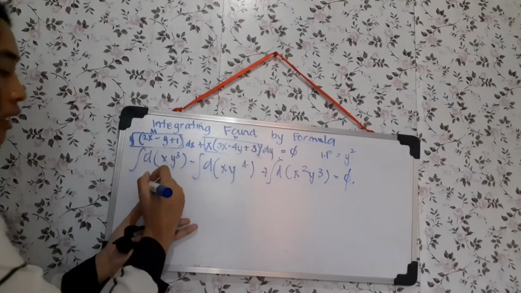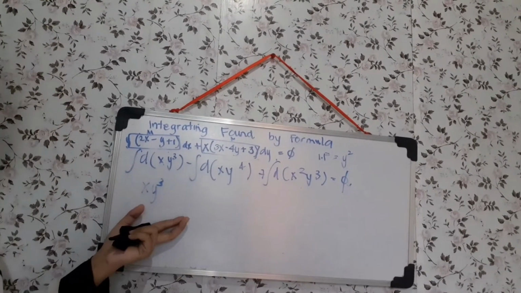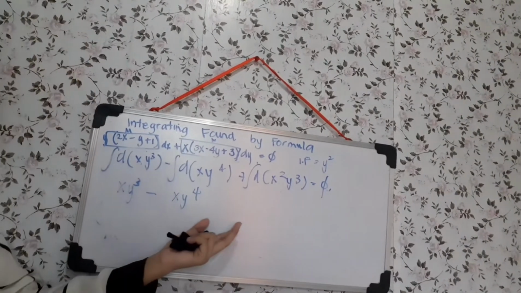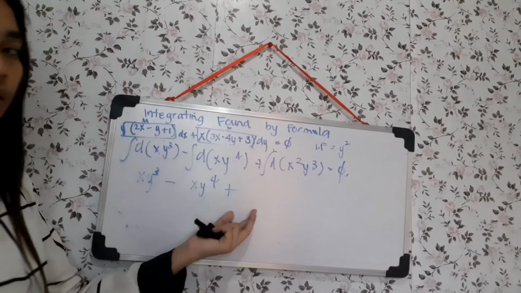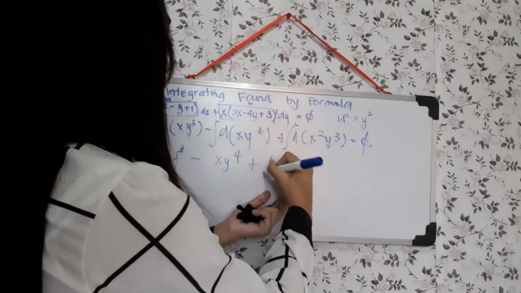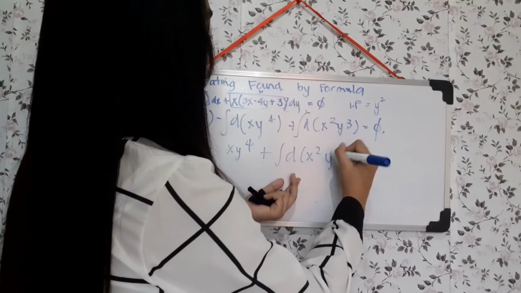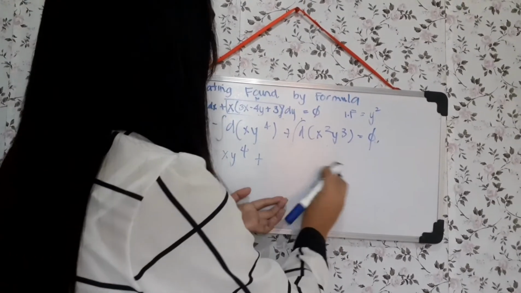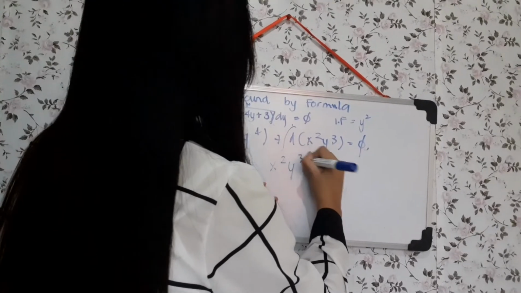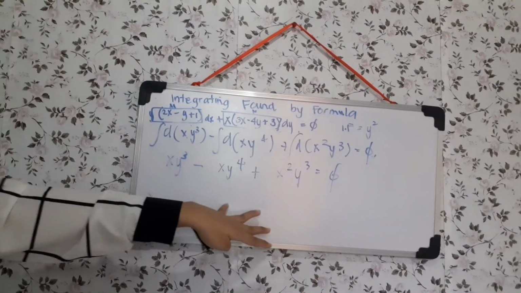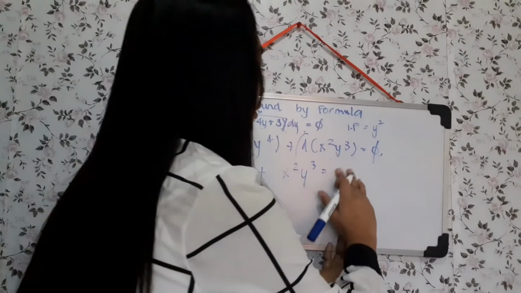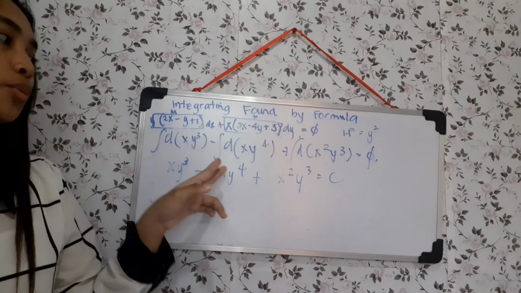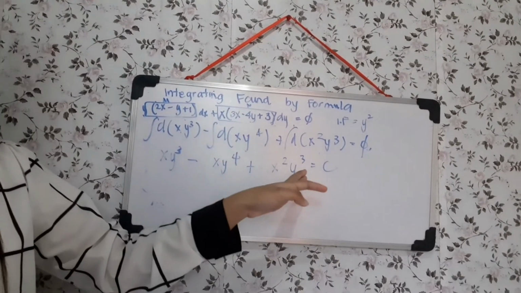So we got xy cubed minus xy to the fourth plus x squared y cubed is equal to c. So now xy cubed minus xy to the fourth plus x squared y cubed equals c.